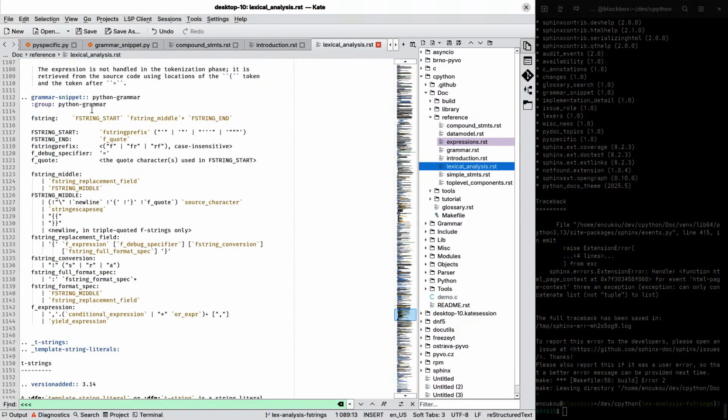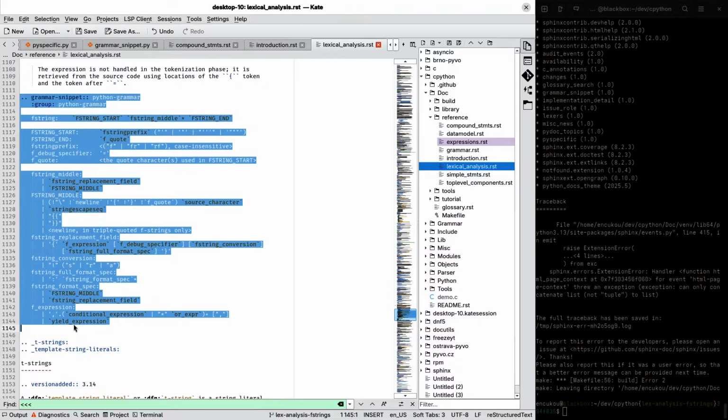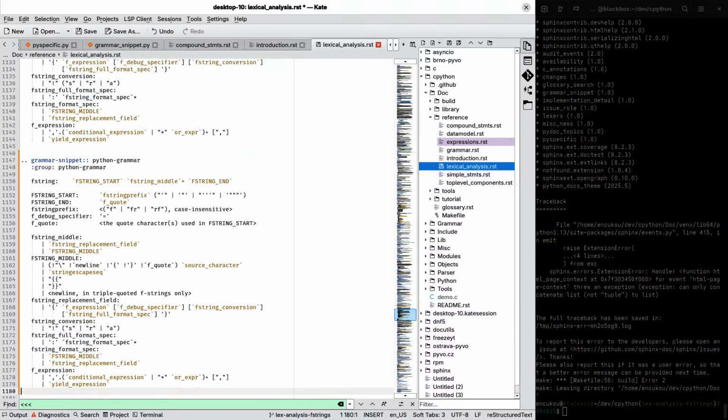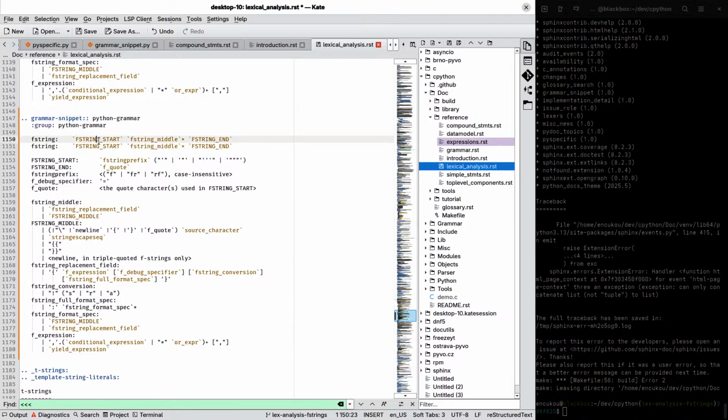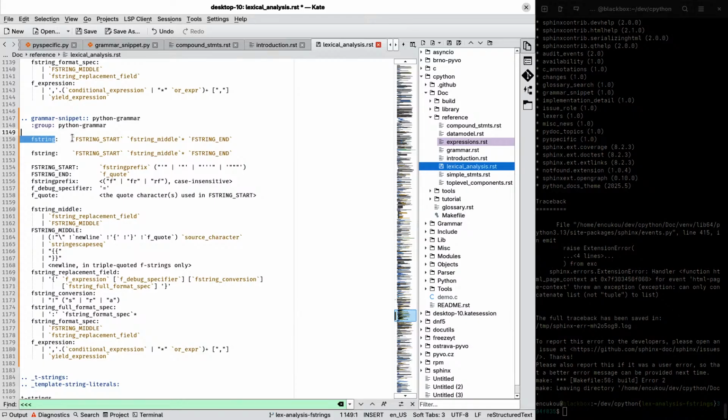So the way to make this grammar formal is to repeat it 4 times. You mean like one for an f-string can be f-string single quote, f-string double quote, f-string triple single quote, and f-string triple double quote, right?